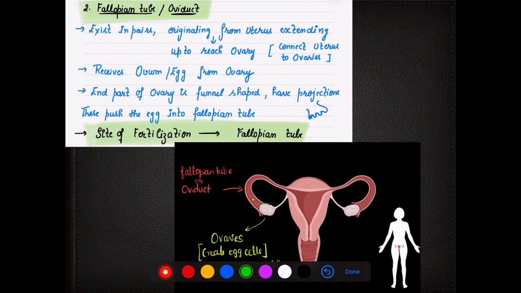Next are these tube-like structures. As you can see, these are our fallopian tubes. Is it single or do they exist in pairs?